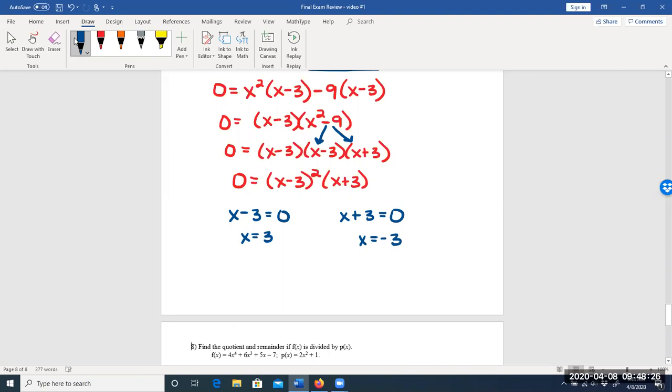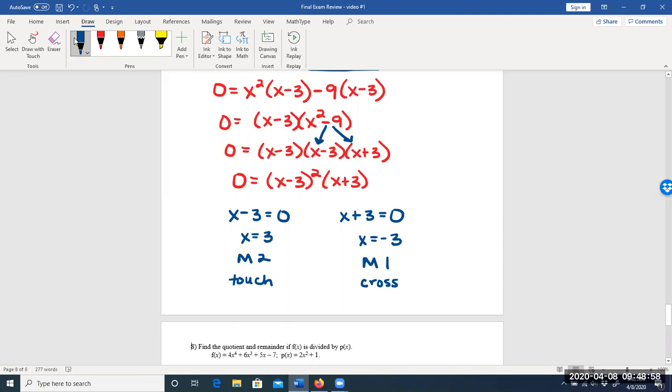The x equals 3 has a multiplicity of 2, because that factor, x minus 3, is squared. So my exponent tells me my multiplicity. This one has a multiplicity of 1. A multiplicity of 2 means a touch, and a multiplicity of 1 means a cross.